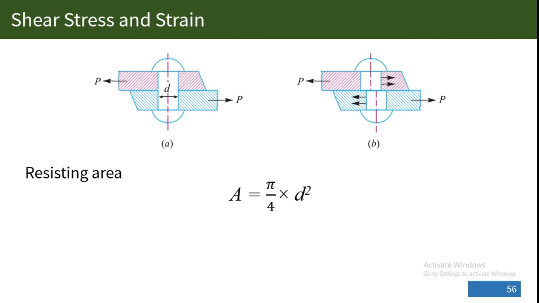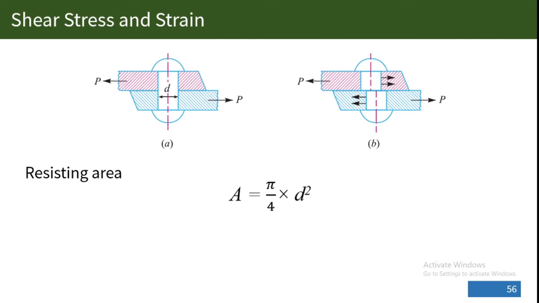Okay, so mathematically, if you take a look at the area of the sheared section, the cross section of the rivet is equal to the formula for the area of a circle, so pi over 4 times d squared. Okay.